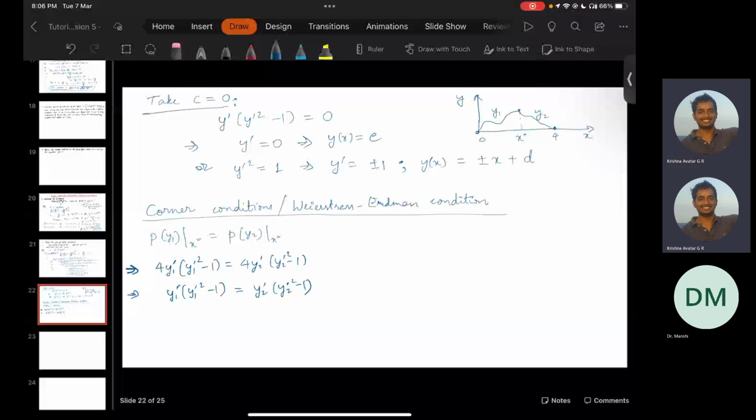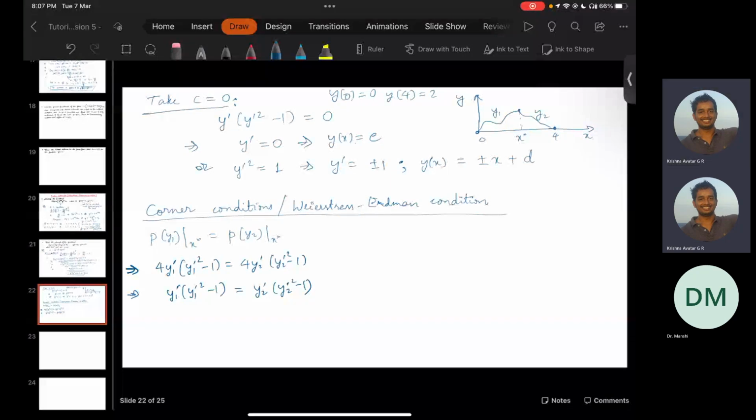We have the two boundary conditions that y of 0 is equal to 0 and y at 4 is equal to 2. Since this is a constant and it also has to satisfy the boundary conditions, let's say this is the extremal y1, then e will simply evaluate to 0.